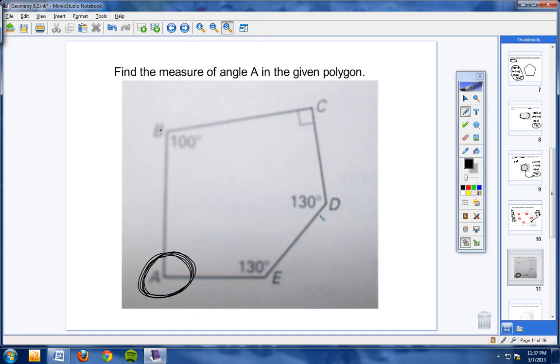So to save you some time, go ahead now and find this missing angle right here. You do know what all these angles added up have to be. For half a bonus point, go ahead and find angle A. Do not pause the video. I'll just sit here and wait for a second.